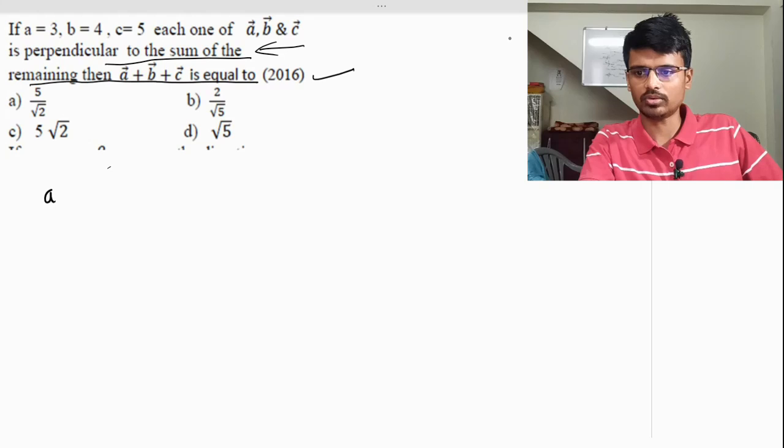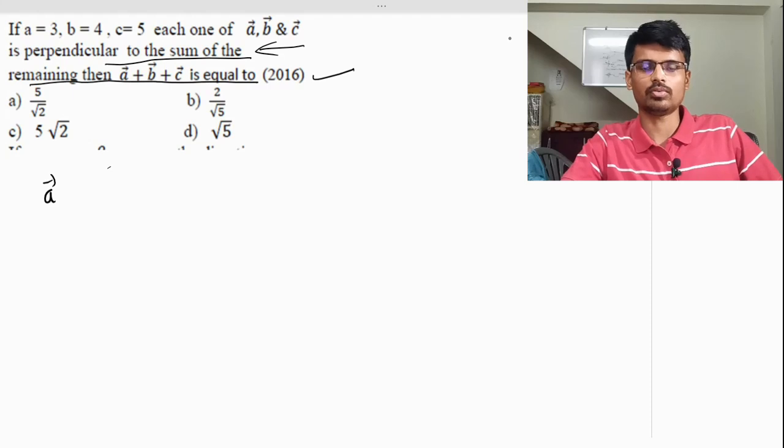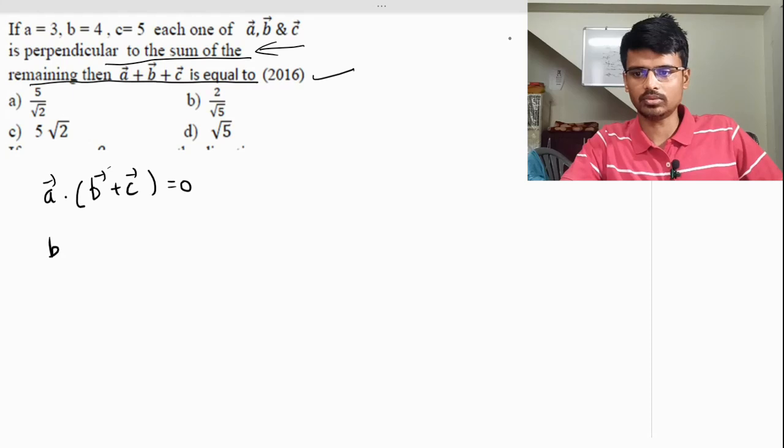Say we have got vector a bar, and we know one more piece of information that we will be using here: the dot product of perpendicular vectors is 0. So vector a bar is perpendicular to the sum of the other 2 vectors, right? That is given in the question. So the dot product is going to be 0. Let me write down the other expressions also.